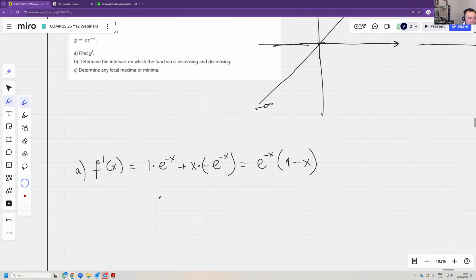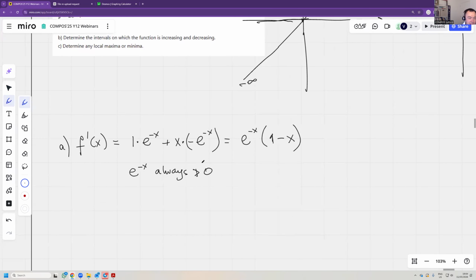Now, e to the power minus x is always positive. And that means that e to the power minus x, 1 minus x, is positive if 1 minus x is positive, that means x is less than 1.